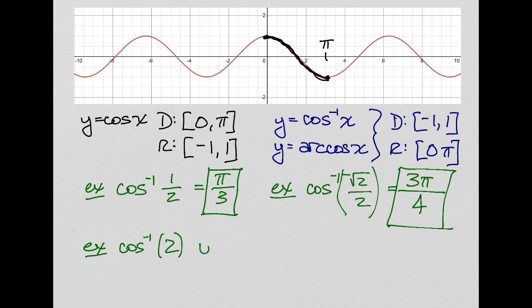This is undefined. This is not a range problem. This is a domain problem. The value 2 is not in the domain of the inverse cosine function. For the inverse cosine function, I can only input values from -1 to 1. Those are the only ones that make sense. So if I try to evaluate the inverse cosine of 2, it's not defined outside of the domain, so we're going to call that undefined.